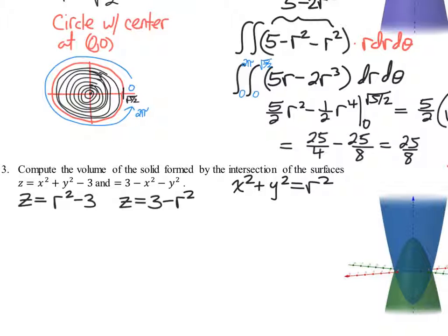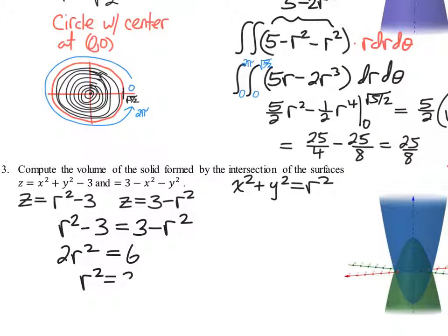So r squared minus 3 equals 3 minus r squared. I'm going to add r squared to both sides, so I'll get 2r squared equals, I'm going to add the 3 to both sides, 6. So r squared equals 3, making r equal to the square root of 3.